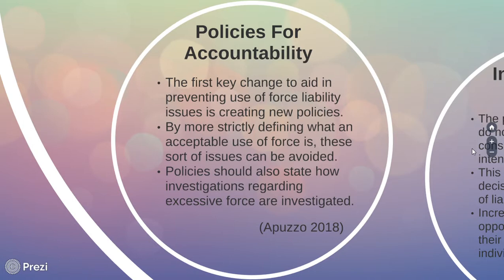And they should create policies that strictly define how these investigations should be done and who they should be done by, such as the departments in question, or a national agency like the FBI. And also a standard of what a justifiable use of force is needs to be created.